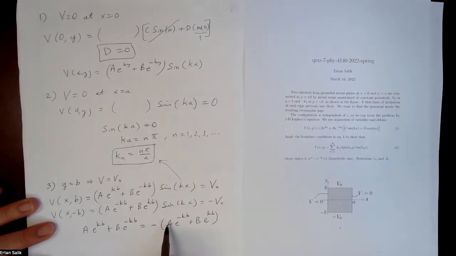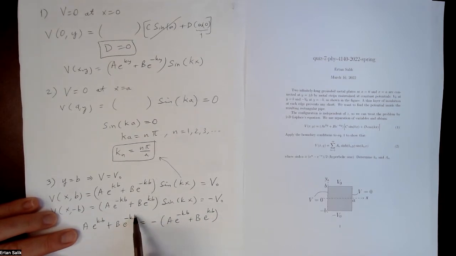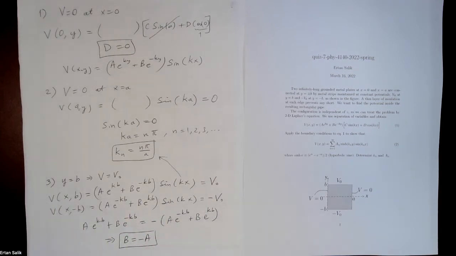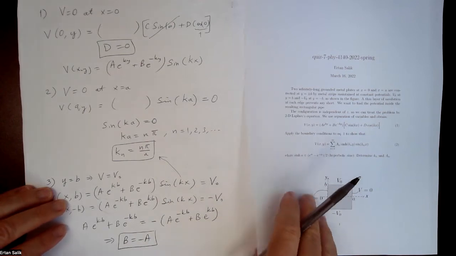So if it is minus of this, what you notice is that A e to the kb should be equal to minus B e to the kb, or from the other term you have the same thing, B e to the minus kb equal to minus A e to the minus kb, which gives me B equals minus A. If you put these together, I think you pretty much get this second equation. So let's show that.